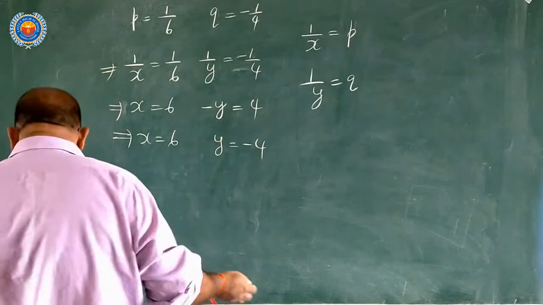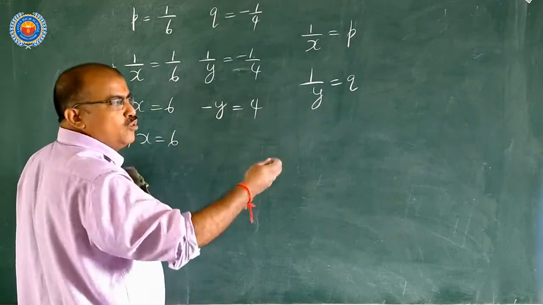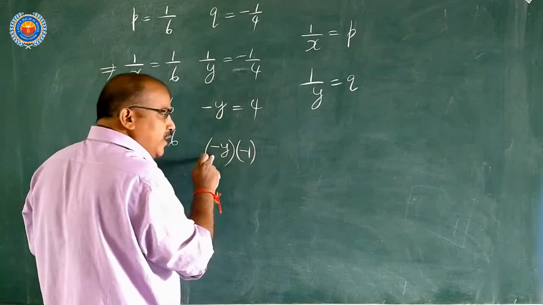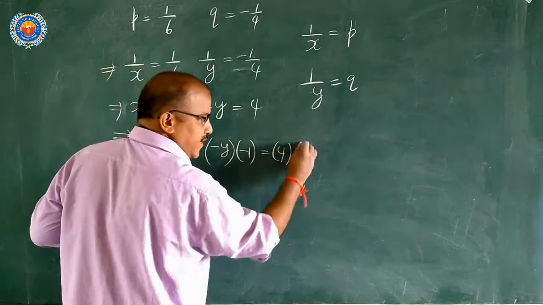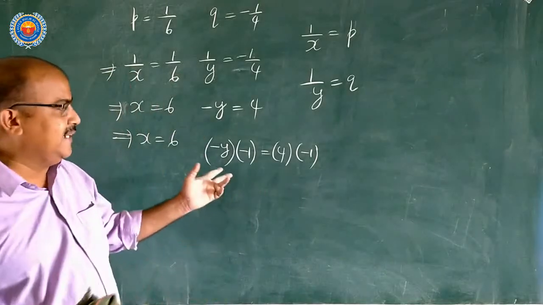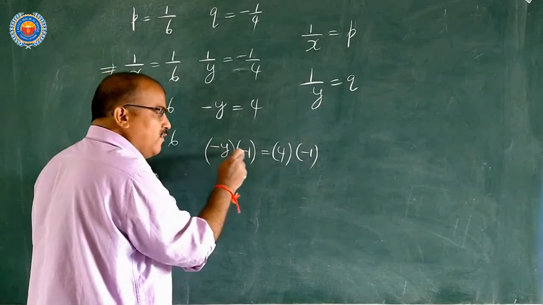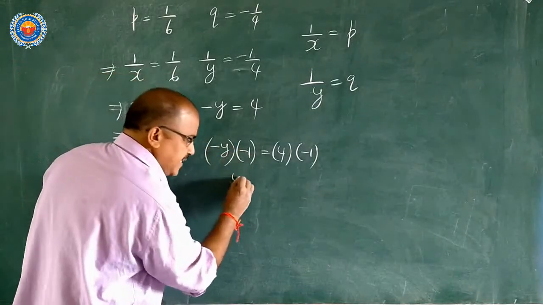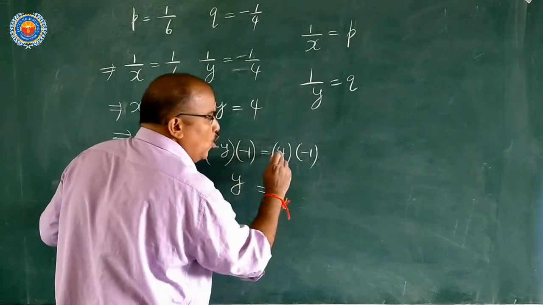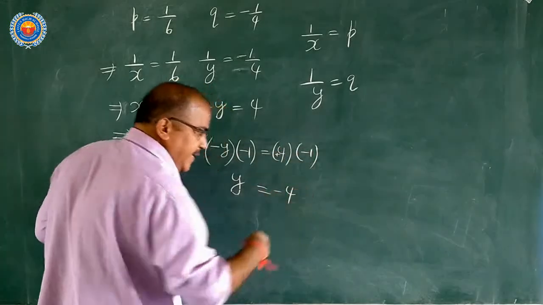Why? I'll explain how I got y is equal to minus 4. Multiply with minus 1 on both sides. So y into minus 1 is minus y, and 4 into minus 1 is minus 4. Minus into minus is plus, so y into 1 is y, and this is equal to minus 4.